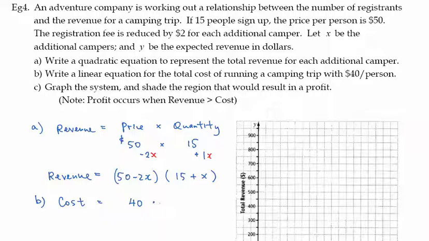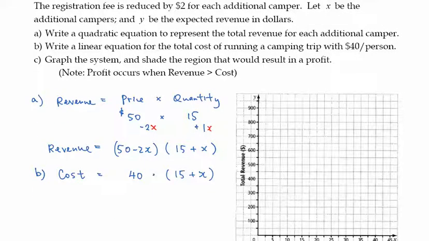It is 40 times the number of people going. And we know the number of people going from the previous equation. The quantity is the number of people going on the trip.